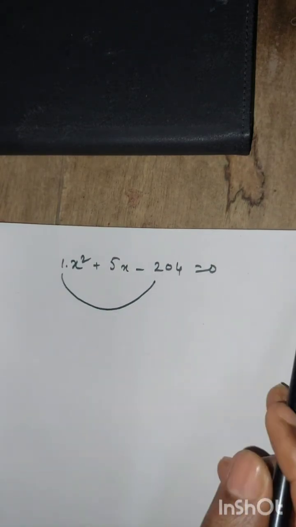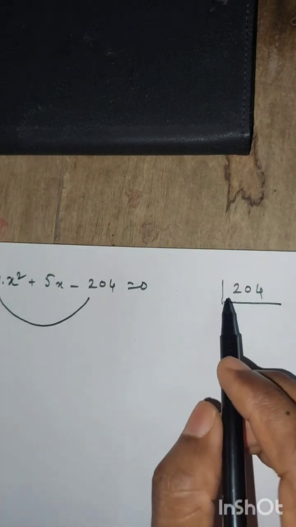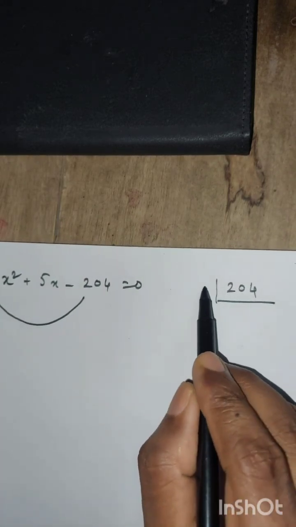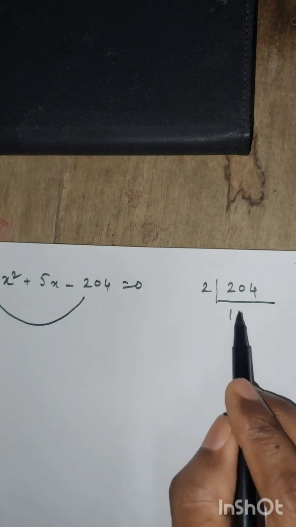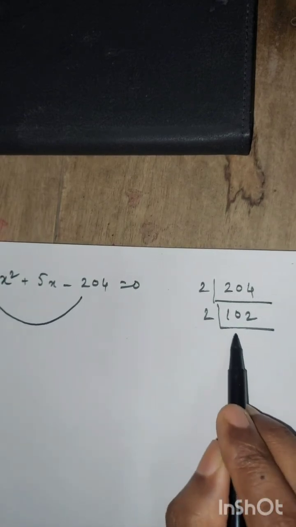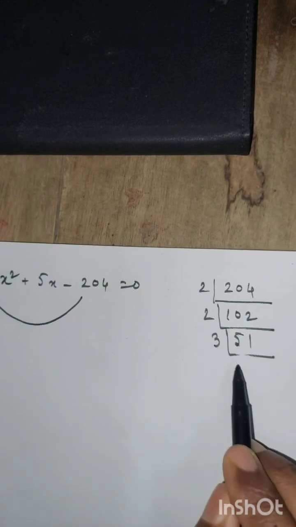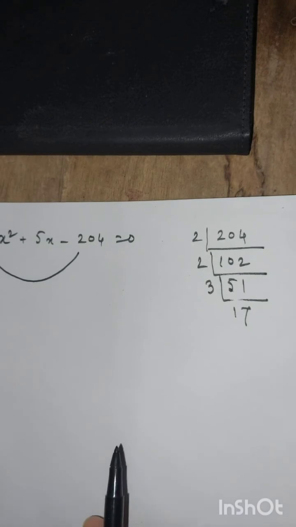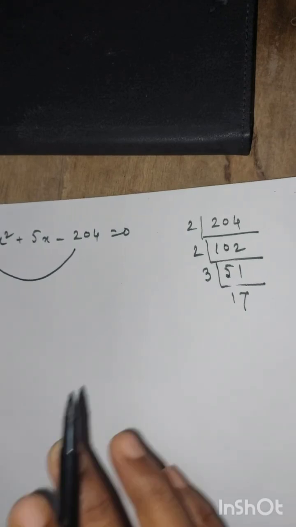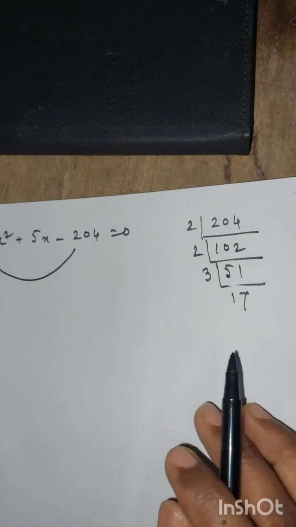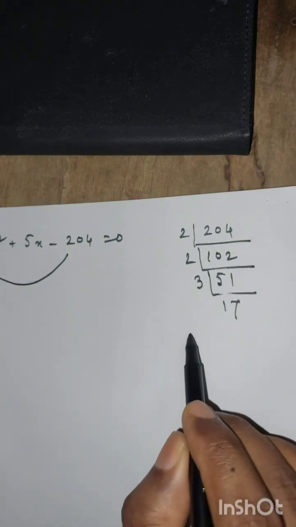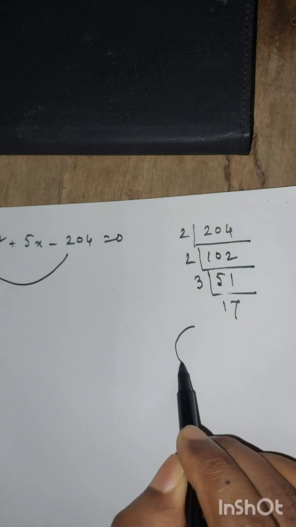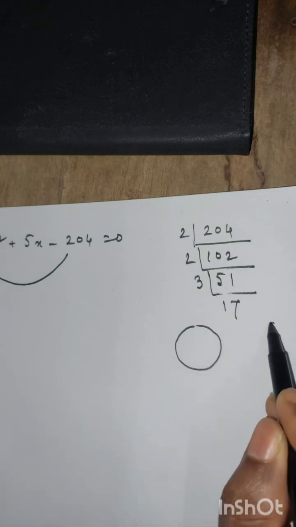Now we are going to do the prime factorization. So these are all prime factors of 204. Now we are going to arrange these factors in two places. So let us first say this is our box 1 and this is our box 2.